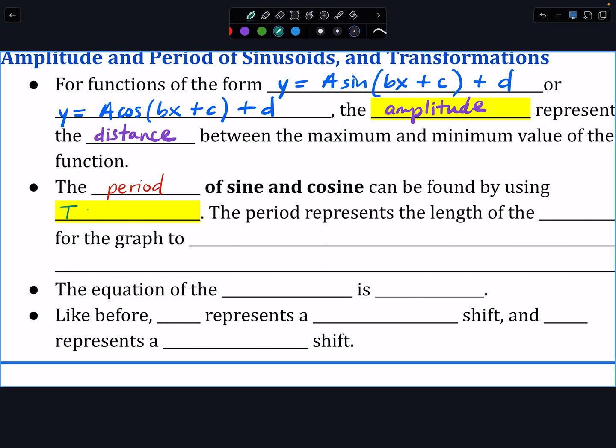Capital T. Don't ask me why we use T, we just do. T means period. Just go with it. Capital T is equal to, the period normally is 2 pi, right? So 2 pi divided by whatever b is.